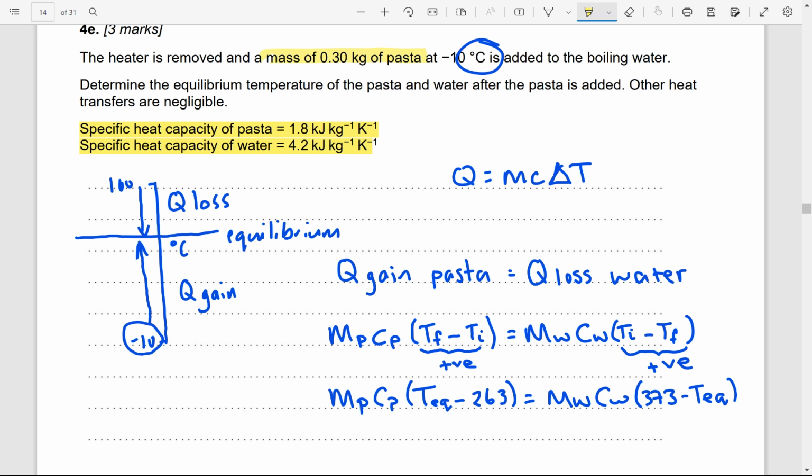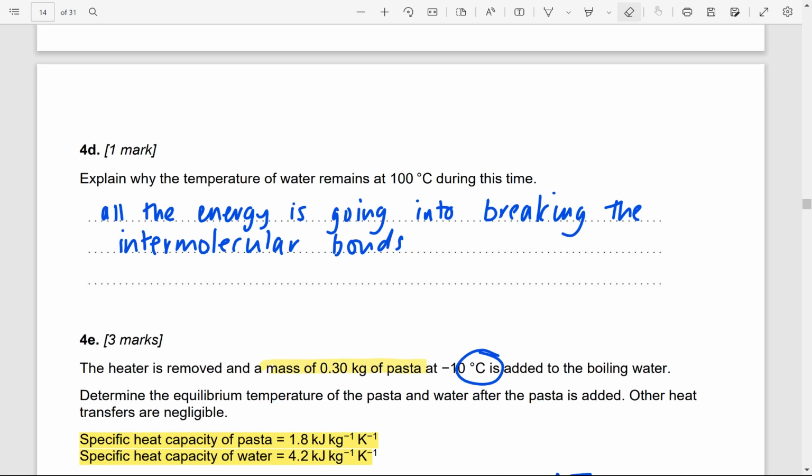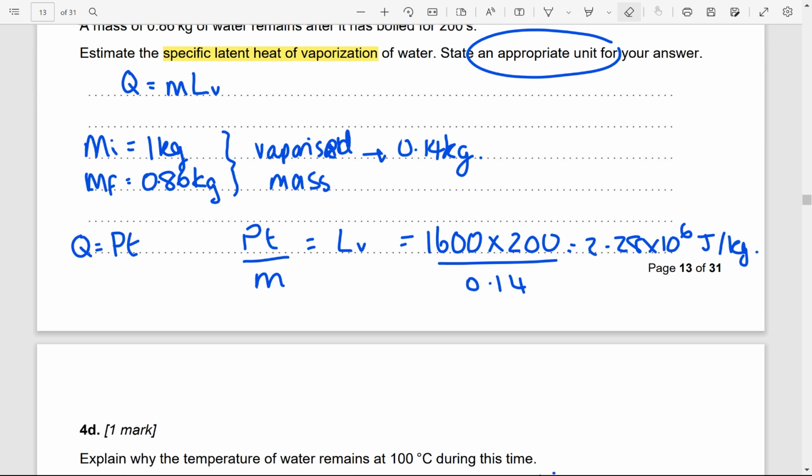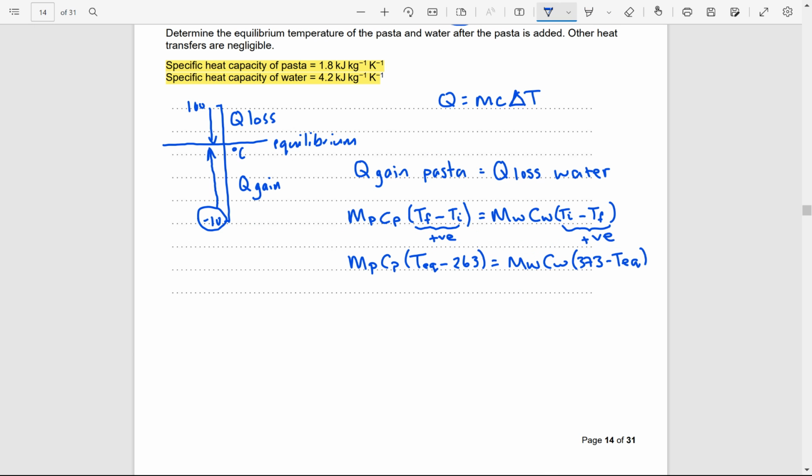So the one we're trying to find is the equilibrium temperature, and we've got the mass of water as well, which is 0.86. We've got the mass of water that is in the pan.